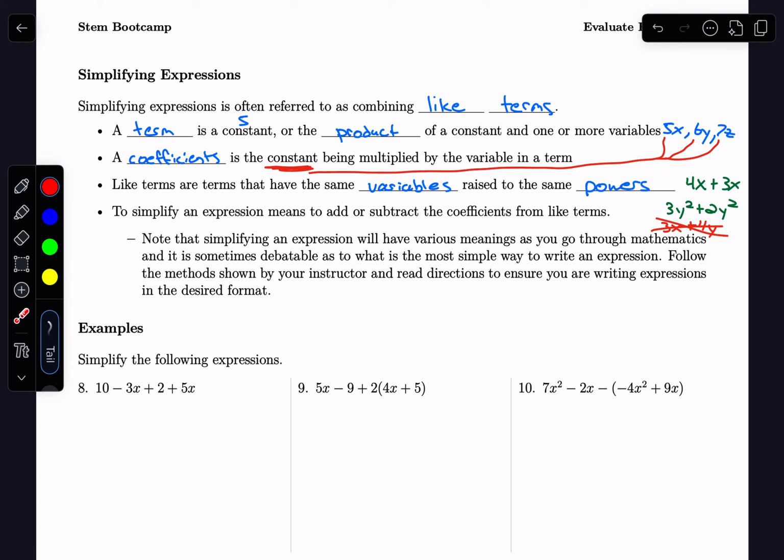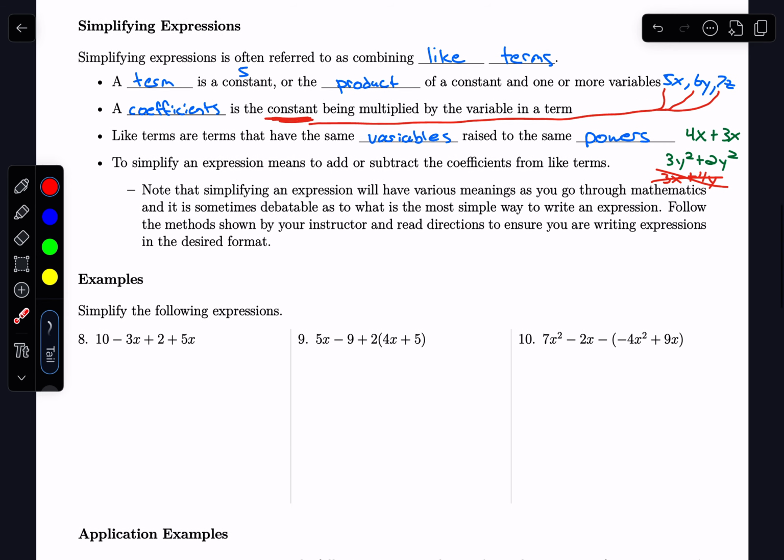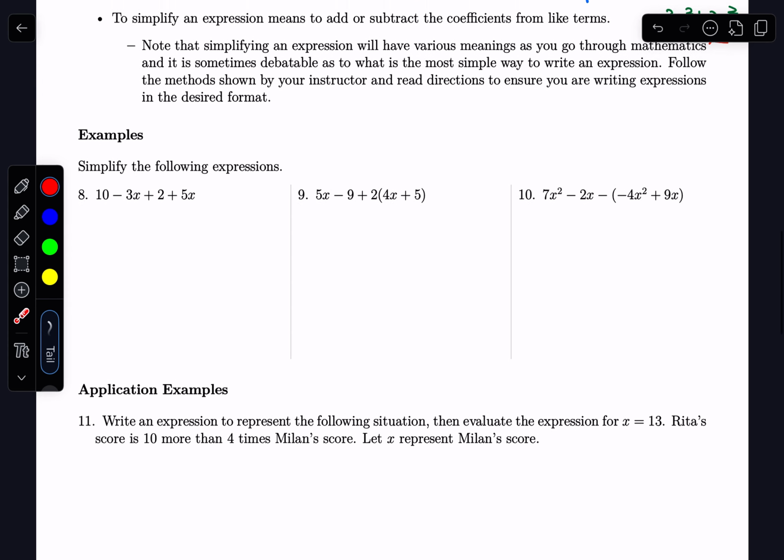So please follow the methods shown by your instructor and read directions to ensure you are writing expressions in the desired format. Okay, the word simple eventually changes meaning in a lot of different camps. So you got to always make sure you're keeping up with the instructor and doing whatever they consider to be the most simple thing.